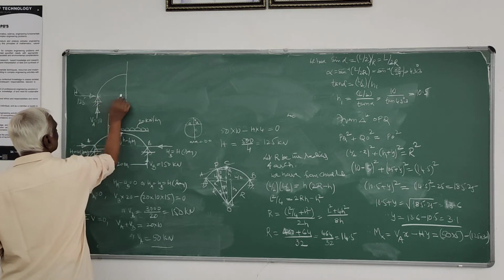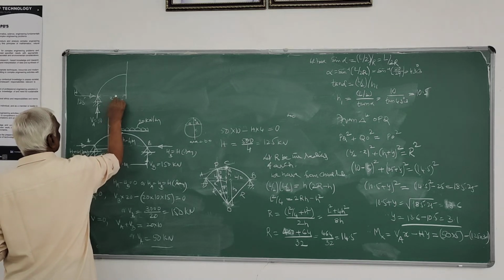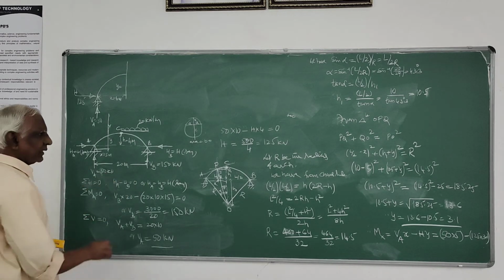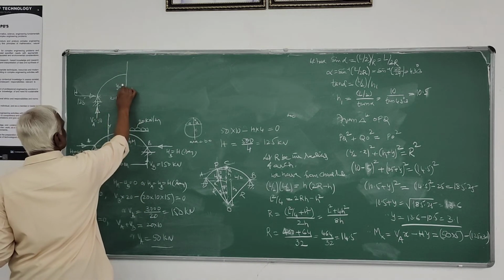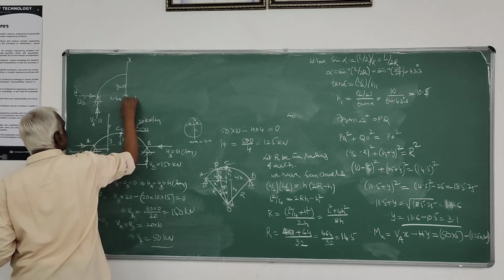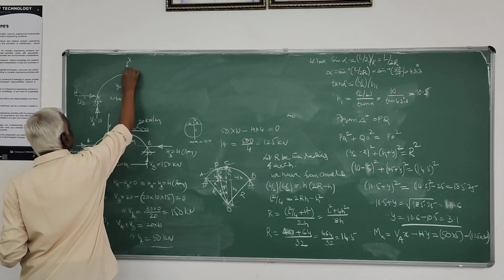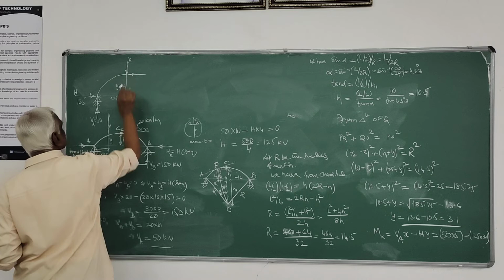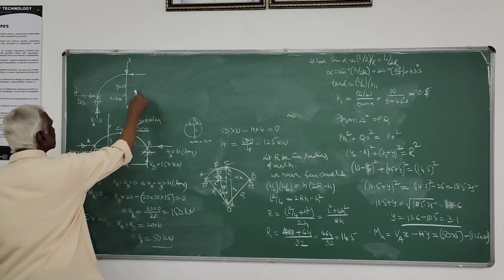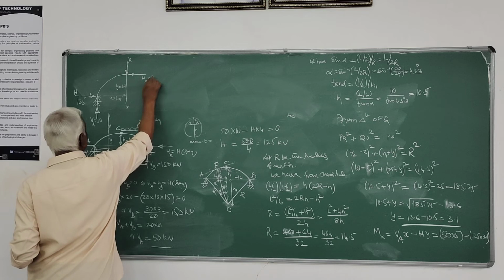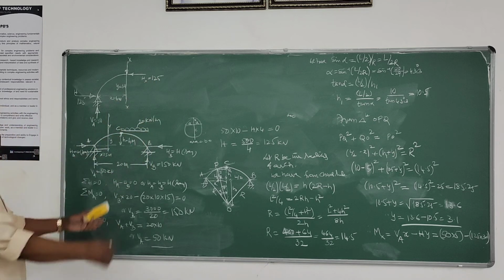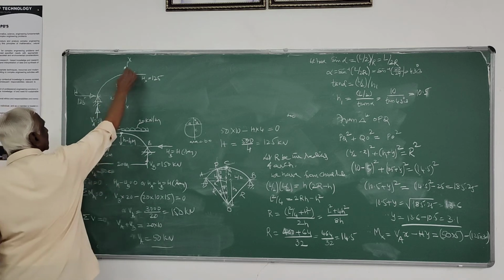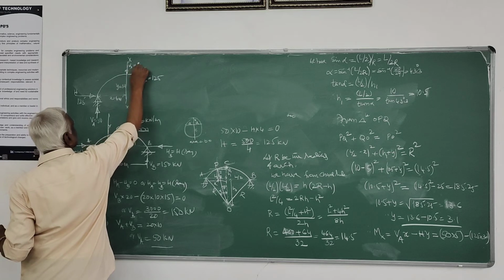This is x, which is equal to 4 meters, and this is y, which is nothing but 3.1. At this point you find Hx and Vx. Hx is nothing but 125, by simple equilibrium condition, and Vx is nothing but 50.